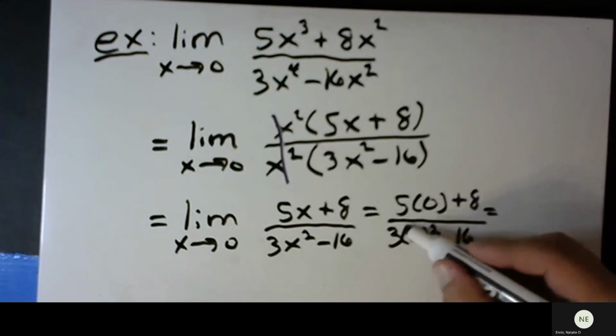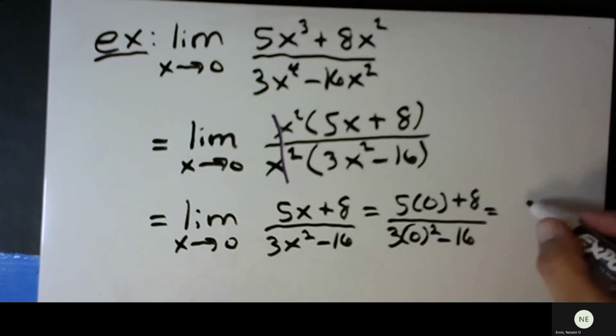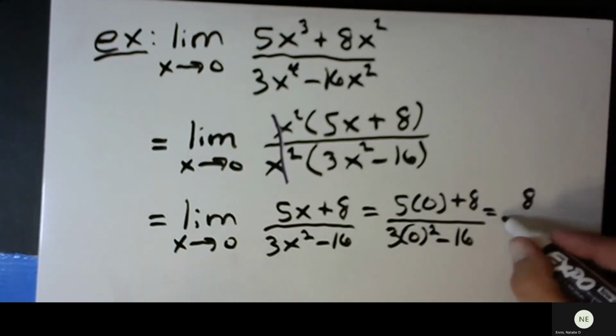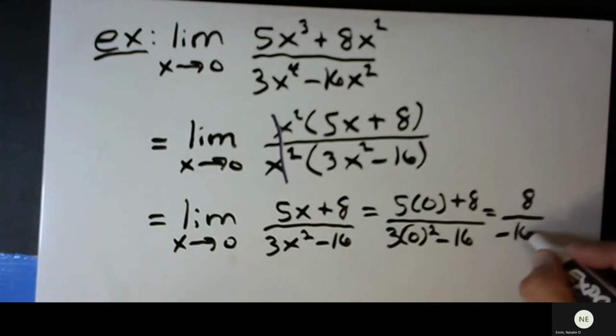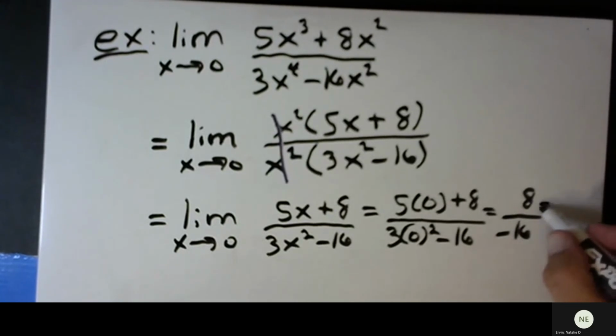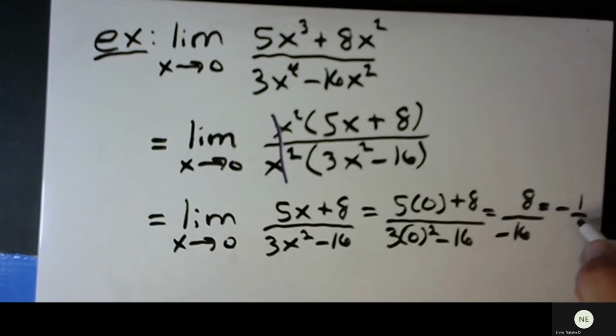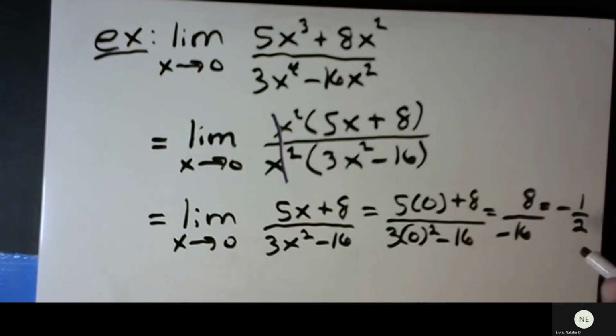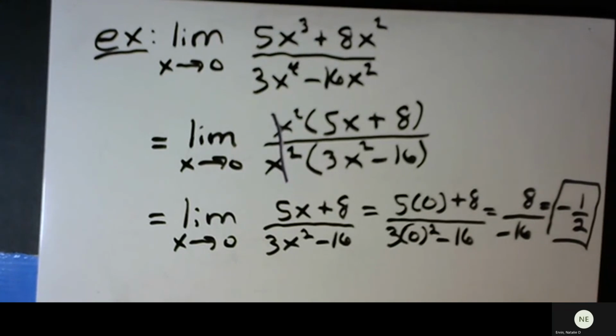Well, that's 0, and that's 0. So we're just going to get 8 over negative 16, or negative 1/2. And that's going to be our answer. So any questions about that one?